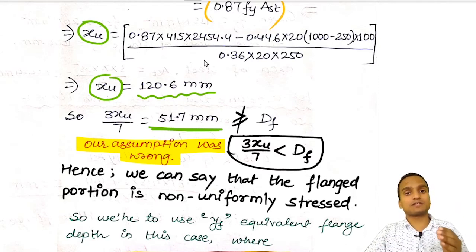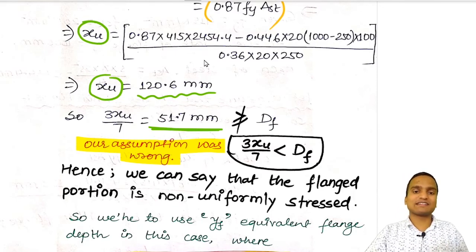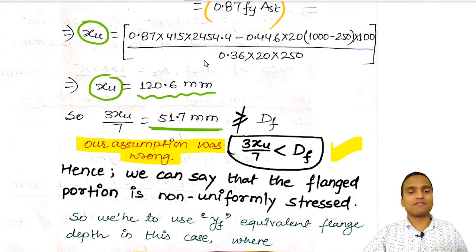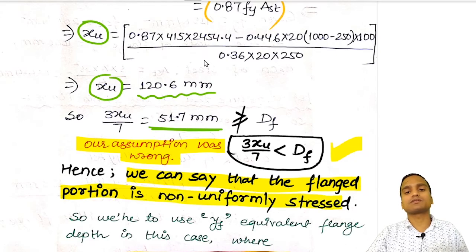But since our assumption has come out wrong in both cases, we will go for the last case. Okay, and here 3 by 7 xu is less than depth of flange. Okay, so we can say that the flanged portion is non-uniformly stressed. Okay, now it is proved.